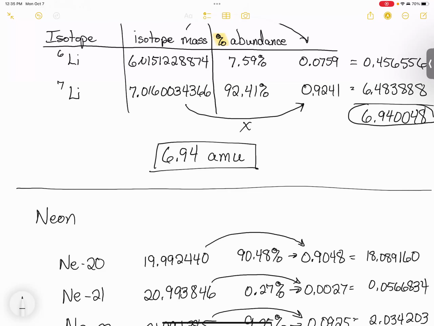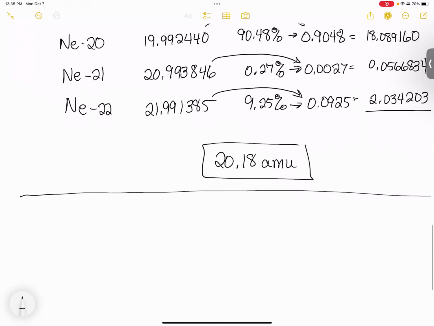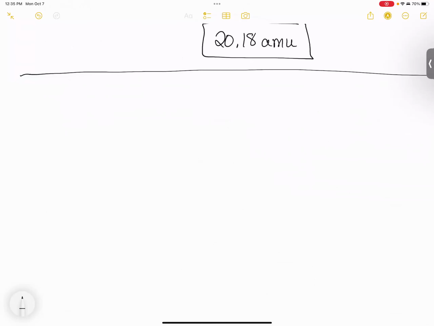So let me give you one to do. We're going to do chlorine. And by the way, be prepared to show your work on this question. Chlorine has 2 isotopes: chlorine 35 and chlorine 37.